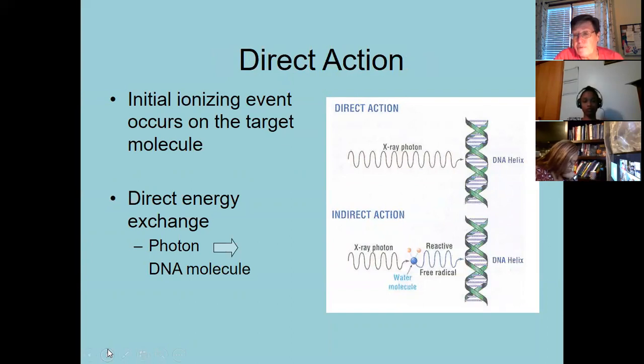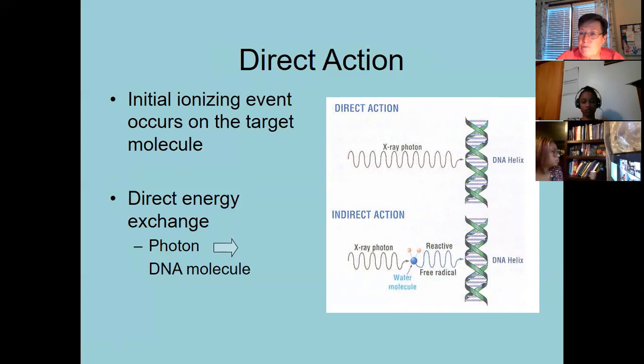Direct action is pretty straightforward. If a photon enters the patient's body and hits the DNA or other important molecule directly, meaning it doesn't hit anything else, but it hits that DNA molecule and the initial ionizing event occurs on that biologically important target molecule, that is considered direct action.